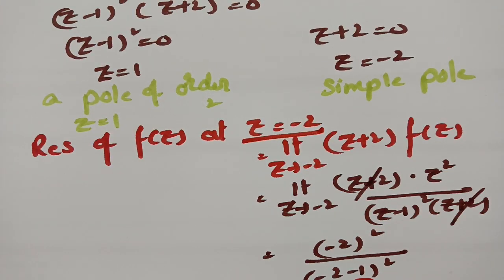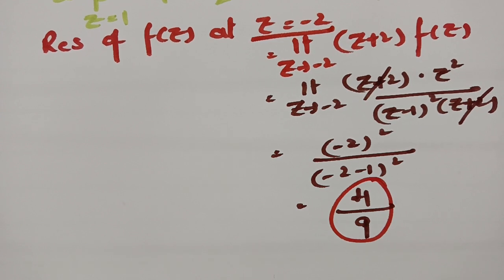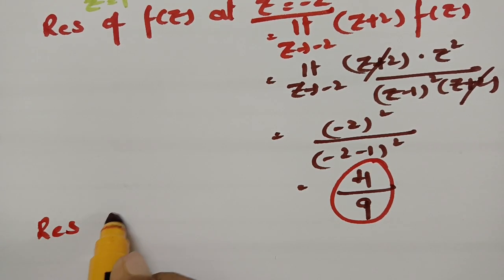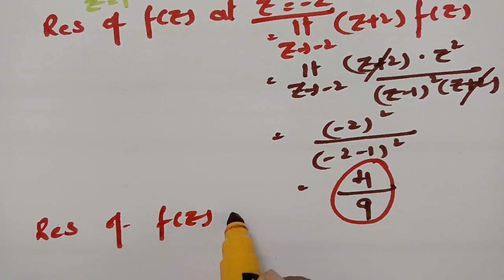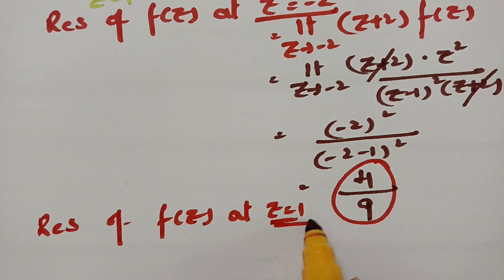And next, we have to find the residue of f(z) at the pole z = 1 of order 2.